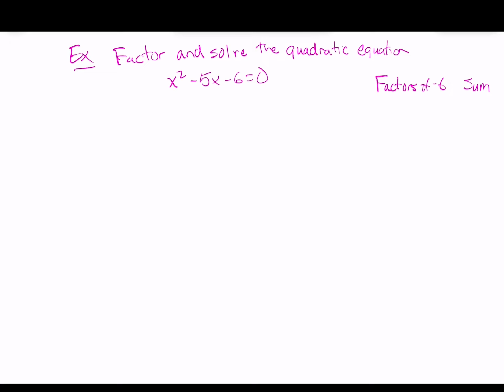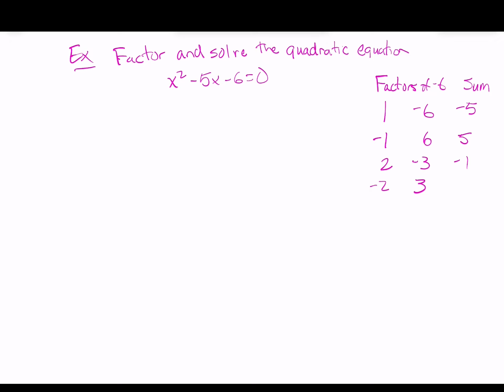Well, we know that we have 1 and -6, -1 and 6, 2 and -3, and -2 and 3. Let's see what those sums are. 1 plus -6 is -5. -1 plus 6 is +5. 2 plus -3 is -1.